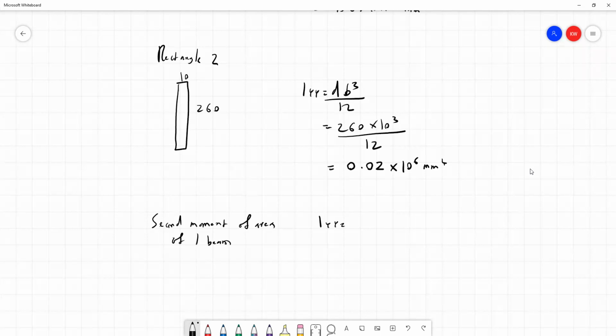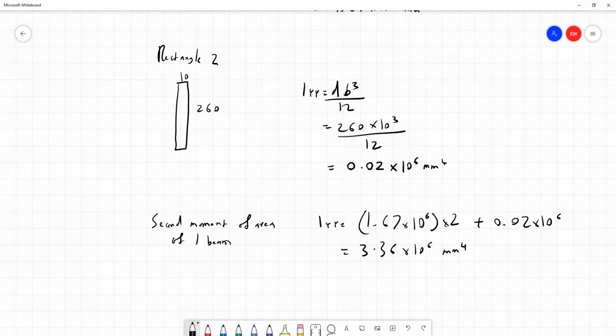So let's add up our values, and we've got 1.67 times 10 to the 6, and because we've got 2 of them, we might just as well write it as in brackets times 2. Then adding on 0.02 times 10 to the 6, the value we obtained just there for the second rectangle. And adding the 3 of these together, we get 3.36 times 10 to the 6 millimeters to the power 4.